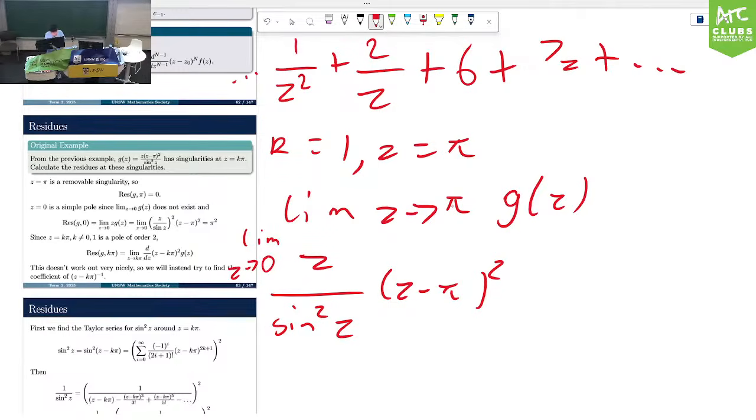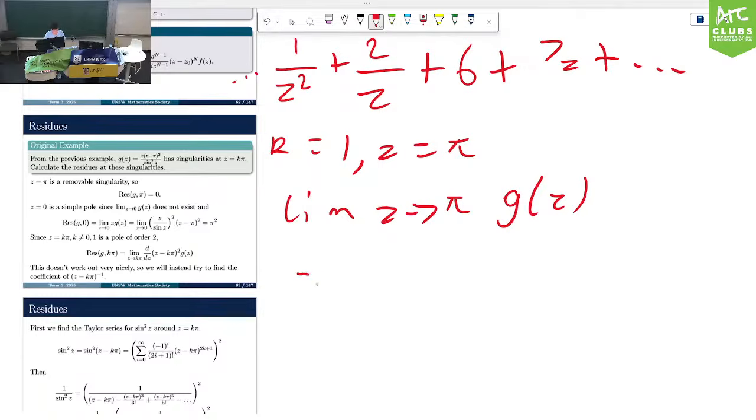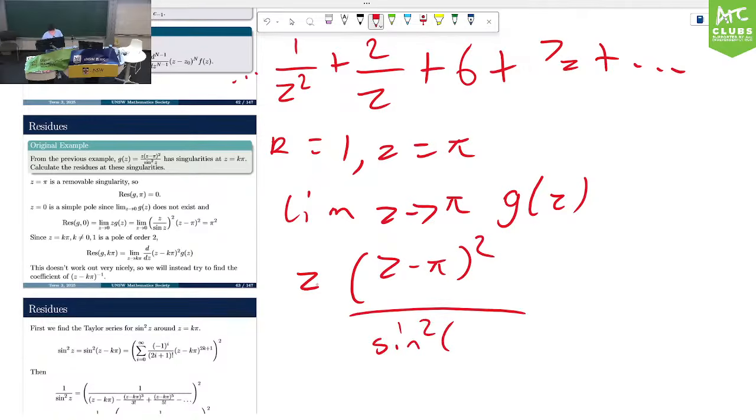0. Oh wait, I can easily fix this. So what I can do is z minus pi squared, no problem. What I'm going to do here though is say sine squared of pi minus z. It's a known fact that sine x equals sine of pi minus x.